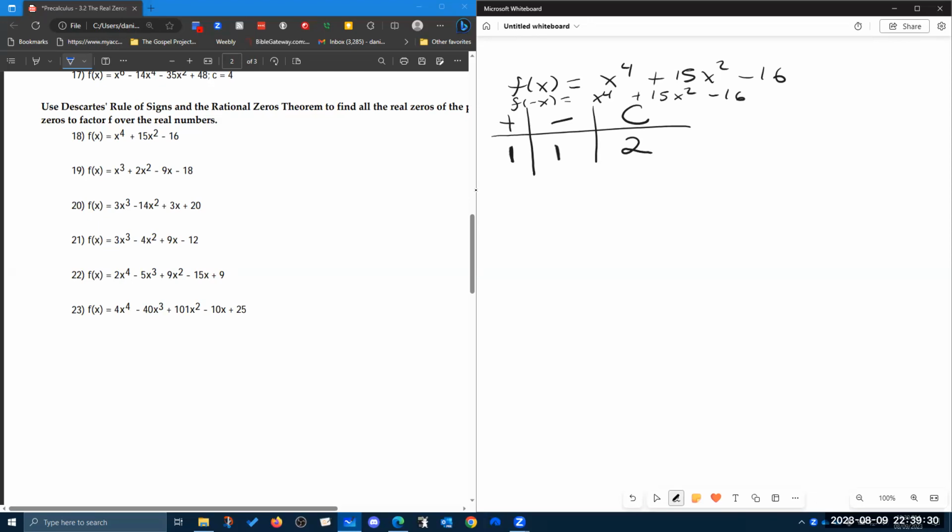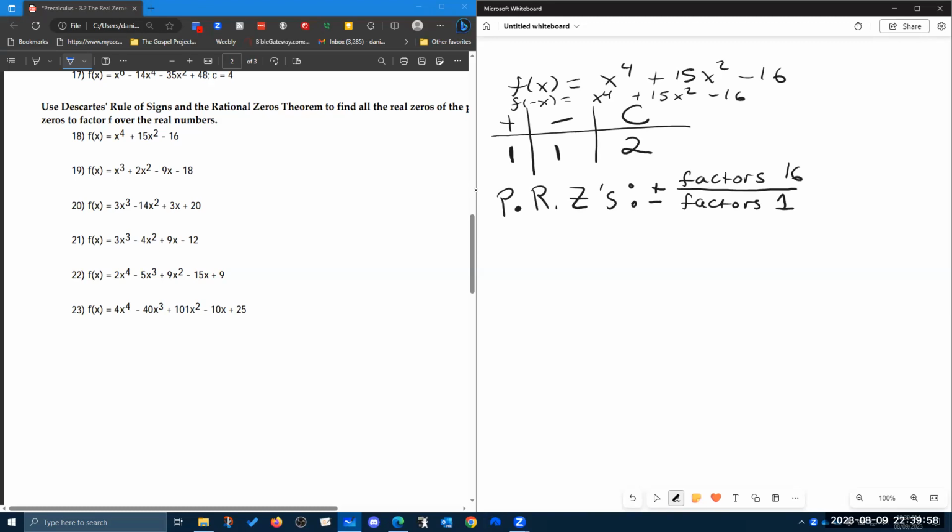Now I'm going to use my rational root theorem to try and find my possible rational zeros, which I'm going to abbreviate PRZs. They're going to be made up from plus or minus the factors of the constant, ignoring the sign because I have plus or minus out here, over the factors of the leading coefficient down here.